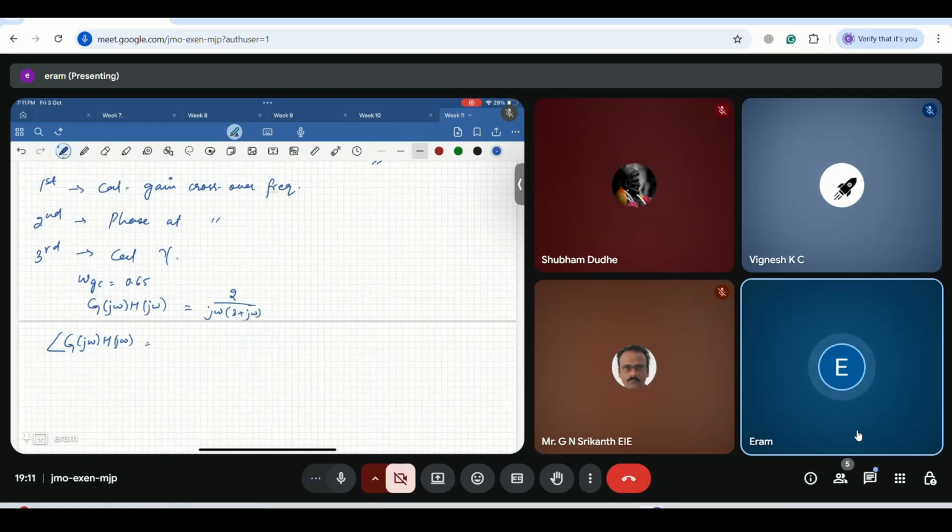What is the phase? Just now we have written it is minus 90 minus tan inverse of omega GC divided by 3. So we need to calculate at 0.65, so it is tan inverse of 0.65 divided by 3.